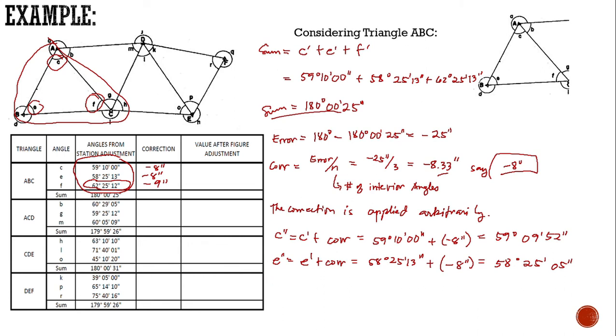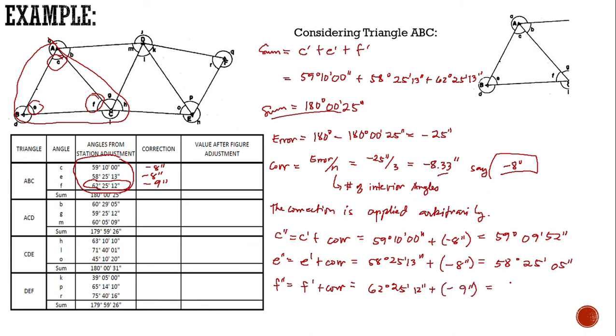So the correction is applied arbitrarily. For our F double prime, our correction will be negative 9 seconds. Our F prime is equal to 62 degrees, 25 minutes, and 12 seconds plus negative 9 seconds.